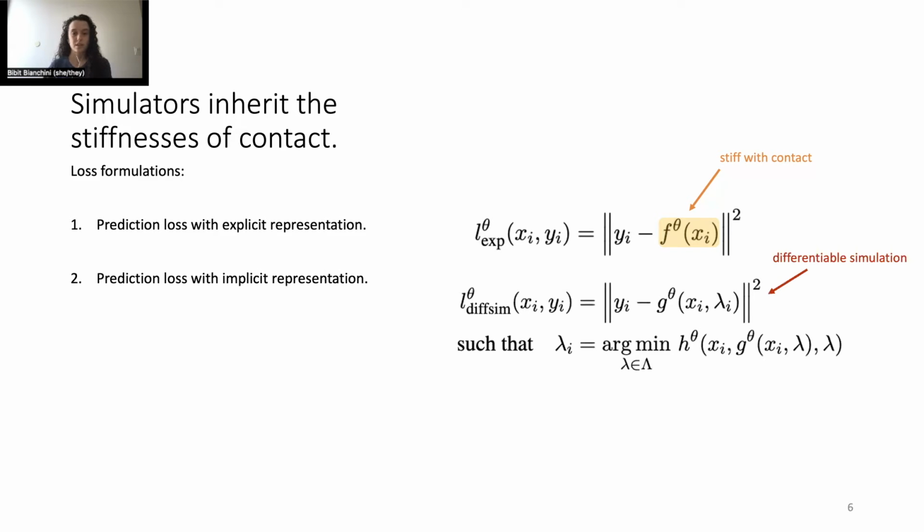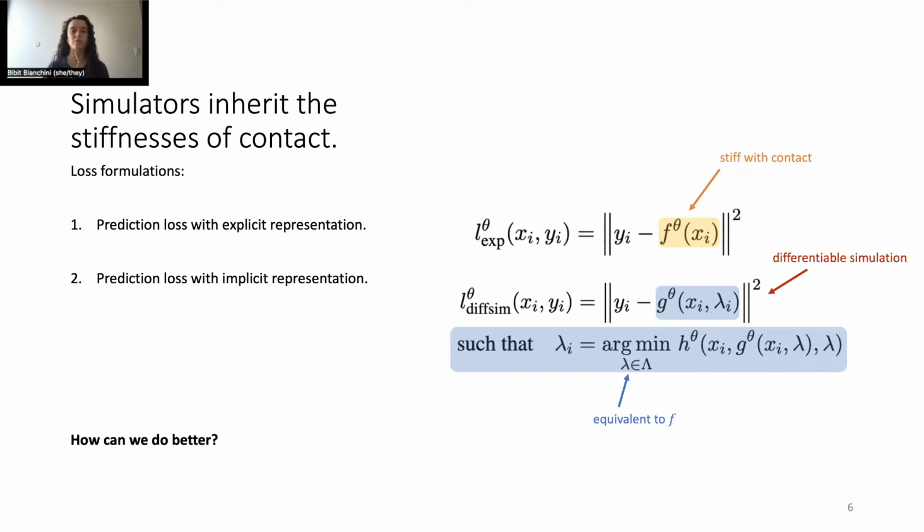In contrast, here's what differentiable simulation looks like, where instead of learning f explicitly, we learn a function g, where g depends not only on the input data x, but also on an optimization variable lambda, which is solved to be the minimizer of the constraint equation h. And really, we can just note that everything here in blue is exactly equivalent to f. So there's no surprise here that actually when theta represents the same values, there's no difference between these approaches.